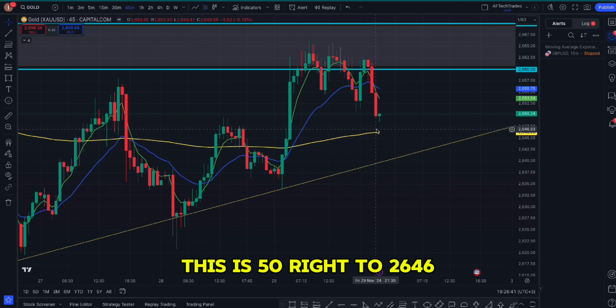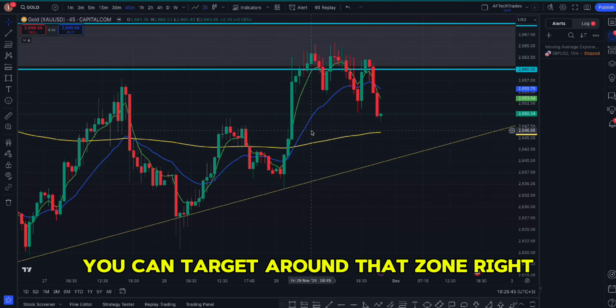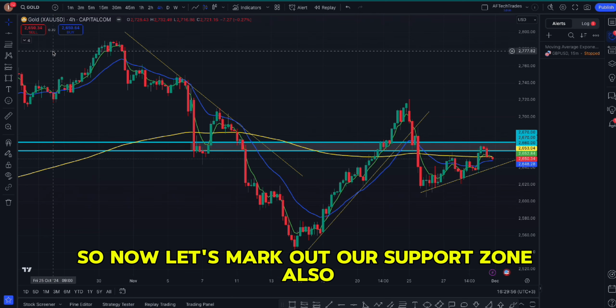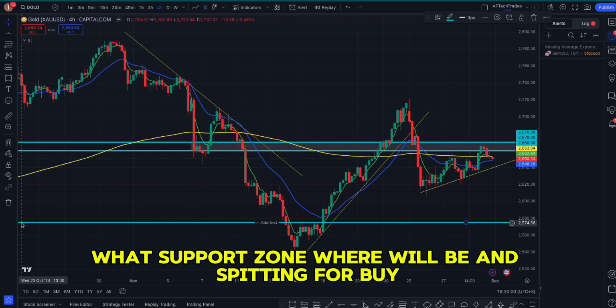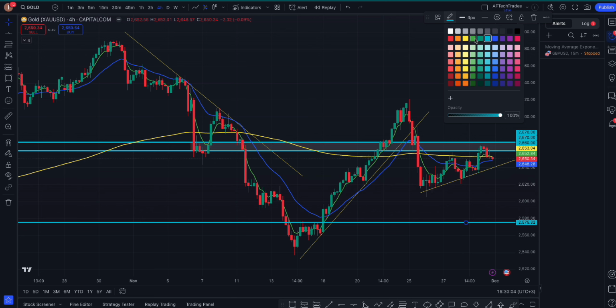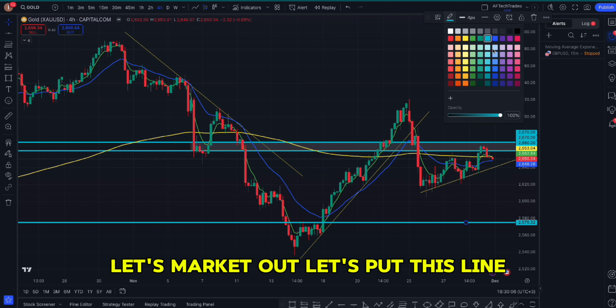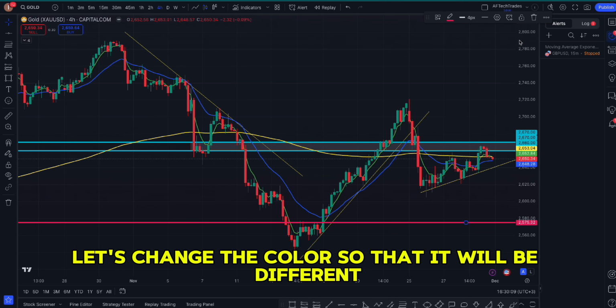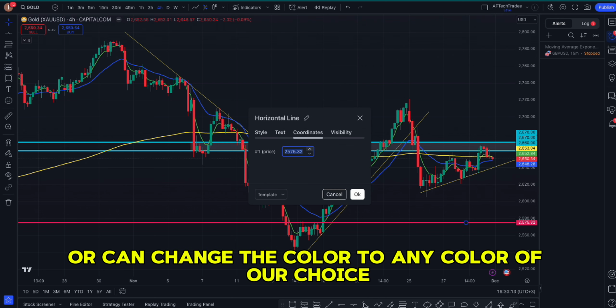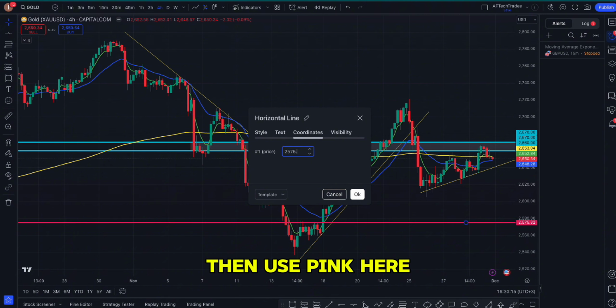So now let's mark out our support zone. We shouldn't forget that ChatGPT also says our support zone where we'll be anticipating a buy. Let's put this line and change the color so that it will be different. We can change the color to any color of our choice. Let me use pink here. So let's go to what numbers ChatGPT asks us to put.